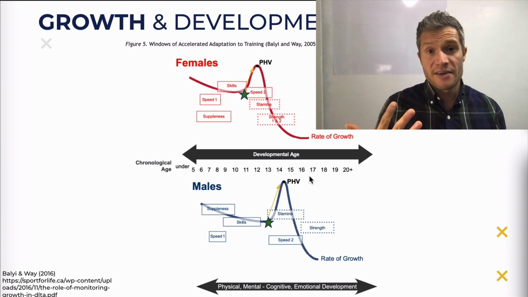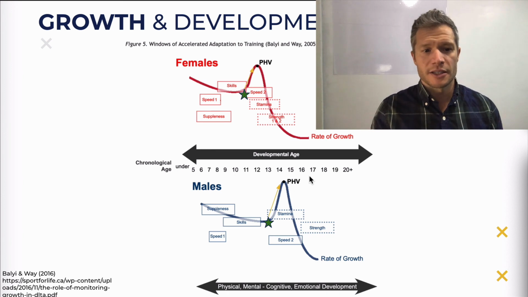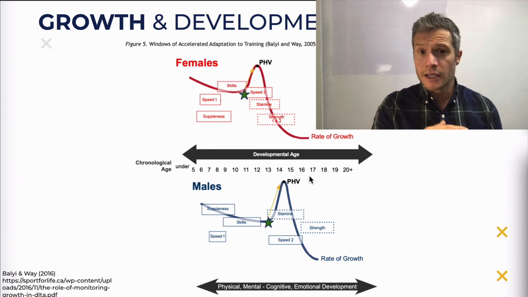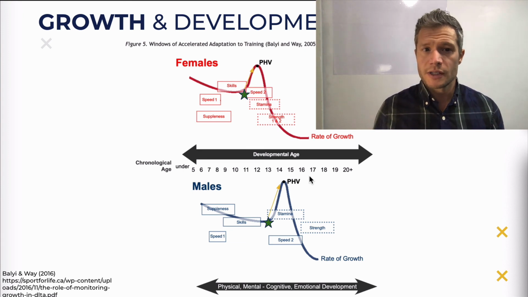So they're the 5 S's: suppleness, speed, skill, stamina, and strength. Okay? Suppleness is just flexibility. Stamina is like cardiovascular endurance. And I think the others are pretty straightforward.